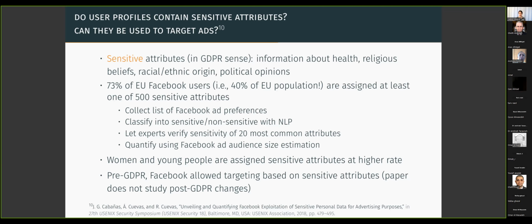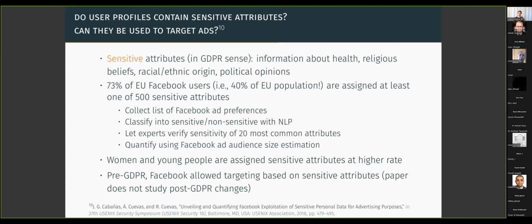everyone necessarily. So what this study found out is that 73% of Facebook users in the EU, which actually is 40% of the entire EU population, are assigned at least one sensitive attribute. So that's quite a share.